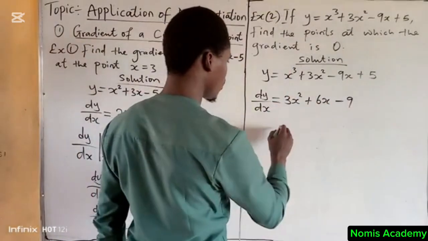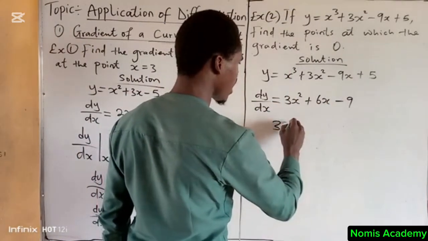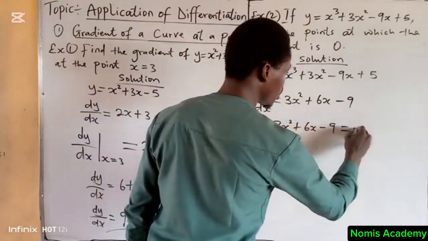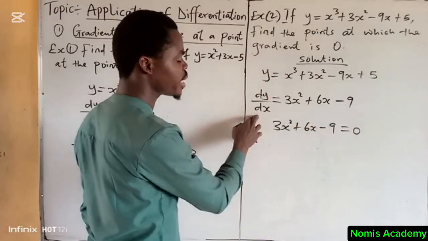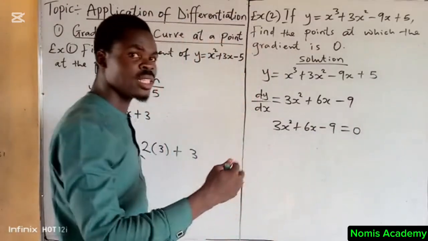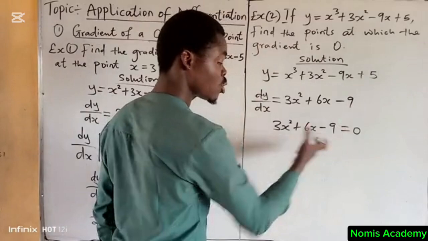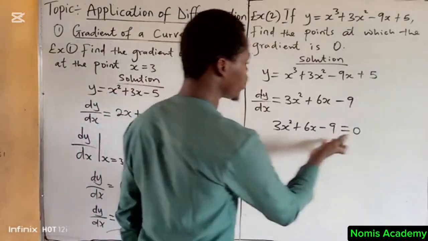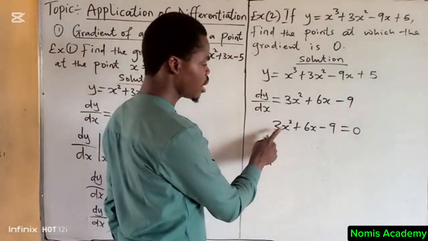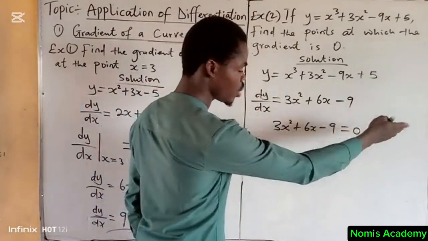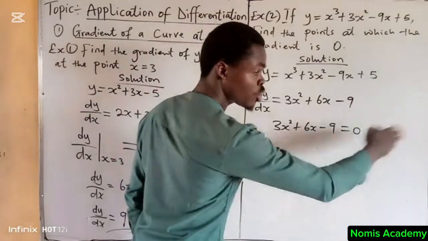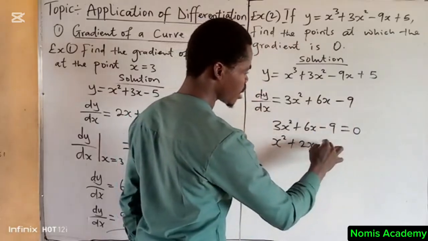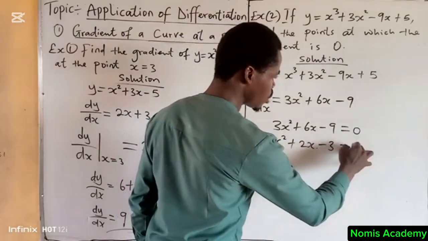Now to do that, we are going to write 3x squared plus 6x minus 9 is equal to 0. So at the point where dy dx is equal to 0, we are going to find the 2 points, because we have a quadratic equation here. To factorize this quadratic equation, as we can see, 3 can divide throughout the equation. So dividing throughout by 3, we have x squared plus 2x minus 3 equal to 0.